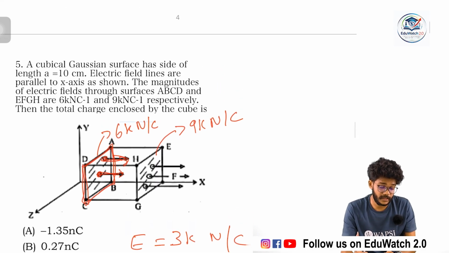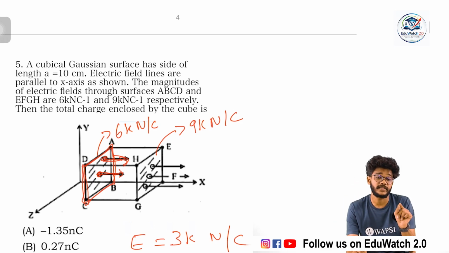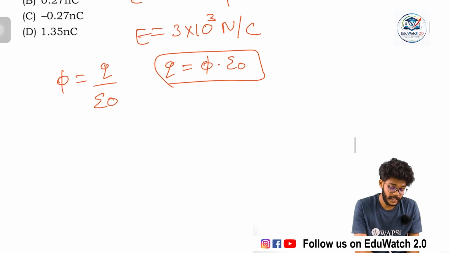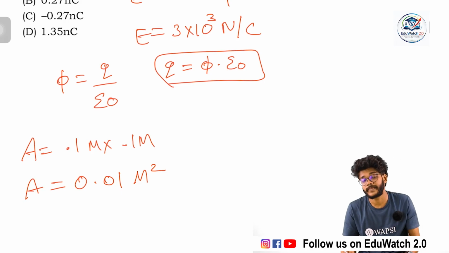And what is the area? It is a cube with side 10 centimeter, so the area is 10 centimeter into 10 centimeter, that means 0.1 meter into 0.1 meter, which is 0.01 meter square.